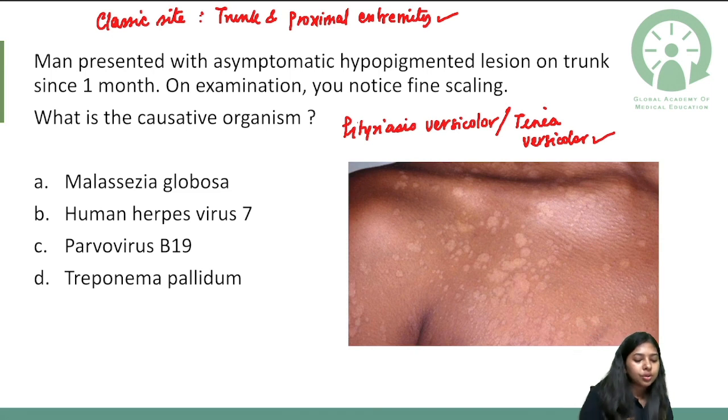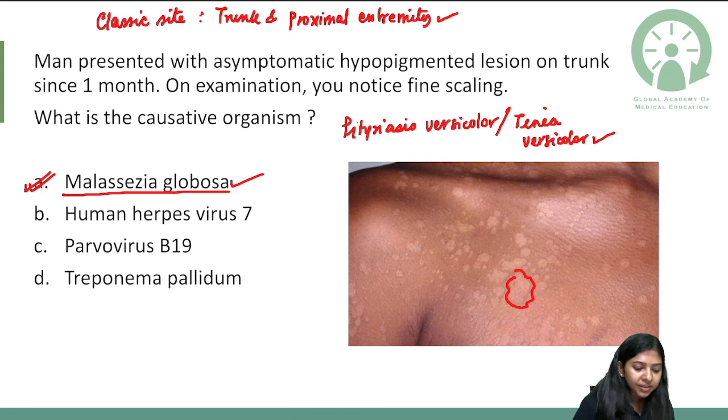Right? So you have hypopigmented fine scaly lesions, and these lesions are coalescing together. See, the lesions are coalescing together and they're perifollicular. So this is pityriasis versicolor. What is the etiology? What is the causative organism? Malassezia globosa. Okay, so the causative organism is Malassezia globosa.